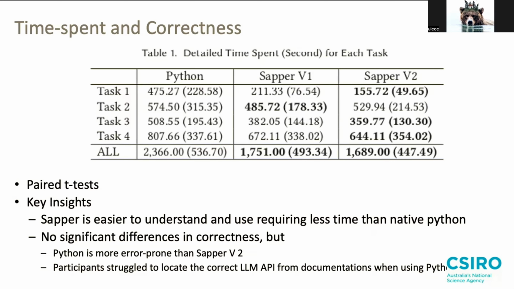First, when using Python, participants are more prone to produce some basic errors. Second, participants struggle to locate the correct large language model API from the vast documentation when using Python. While our Sapper directly provides a form filling method, they don't need to worry about and try to locate the API through the large documentation.